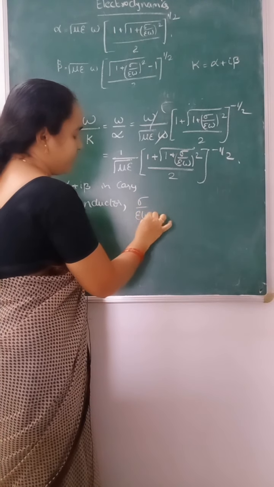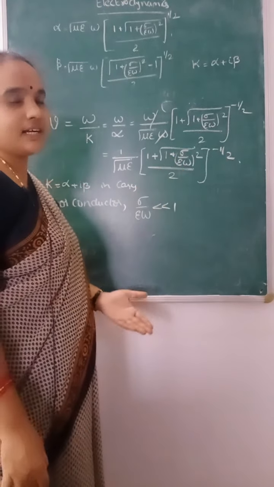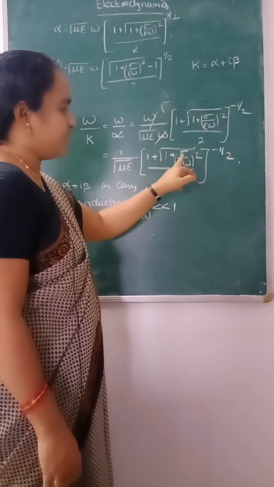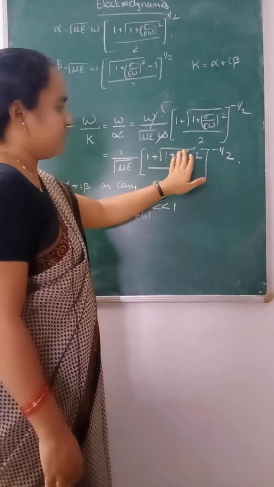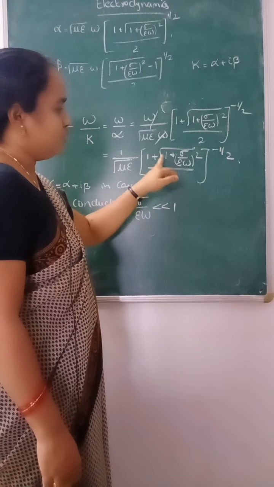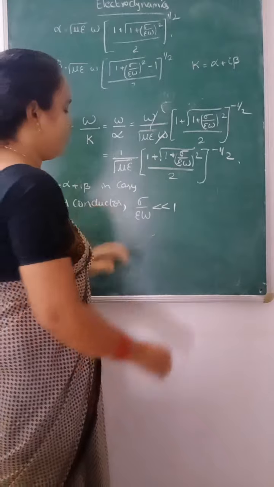Sigma by omega epsilon is very much less than 1, so this term goes out. That is 1 plus 1 is 2, 2 by 2 is 1. Thus, this total term will be equivalent to 1.